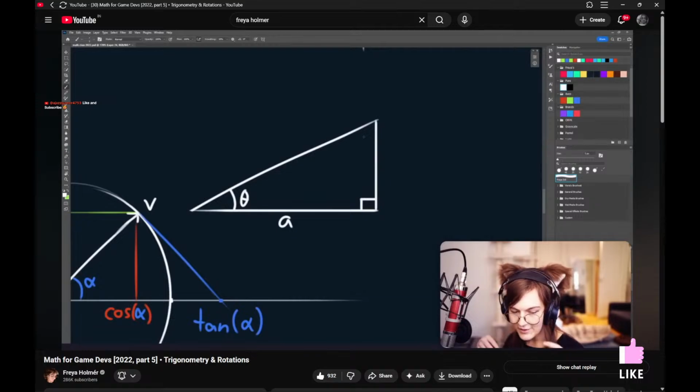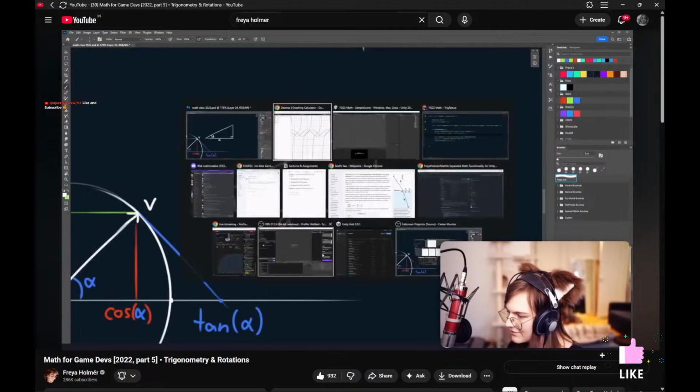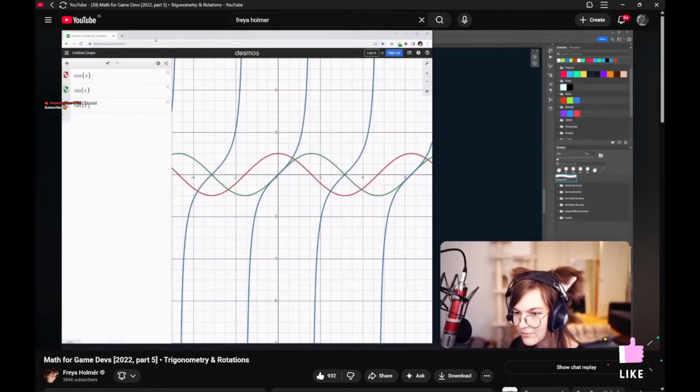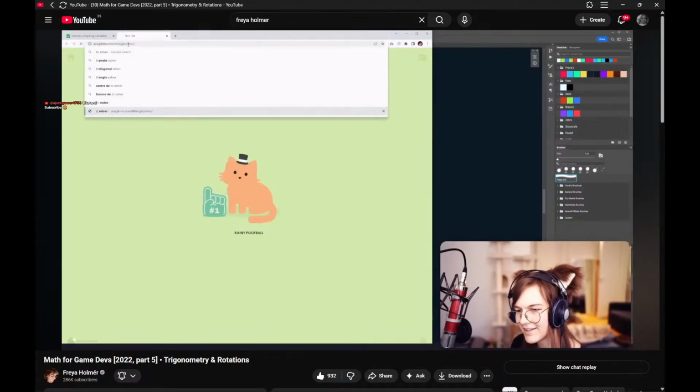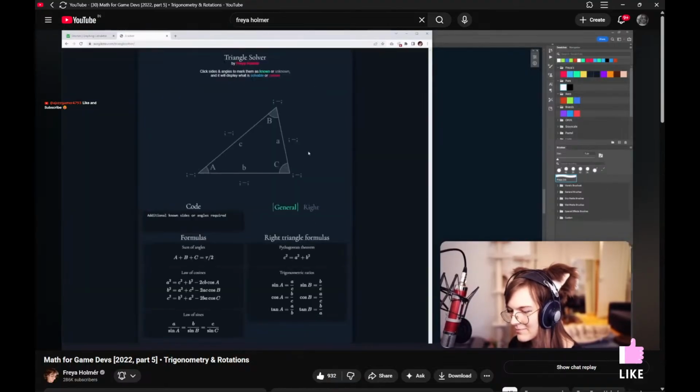If you want, you can memorize all the different solutions to this. If you don't want to do that, then I made a triangle solver because I'm lazy and I don't want to look this up every time.